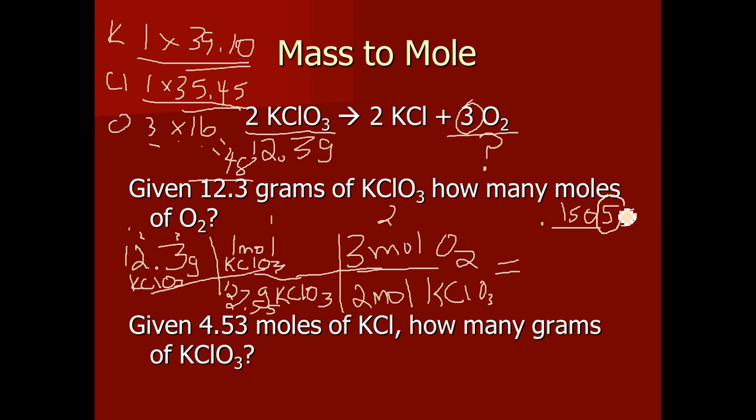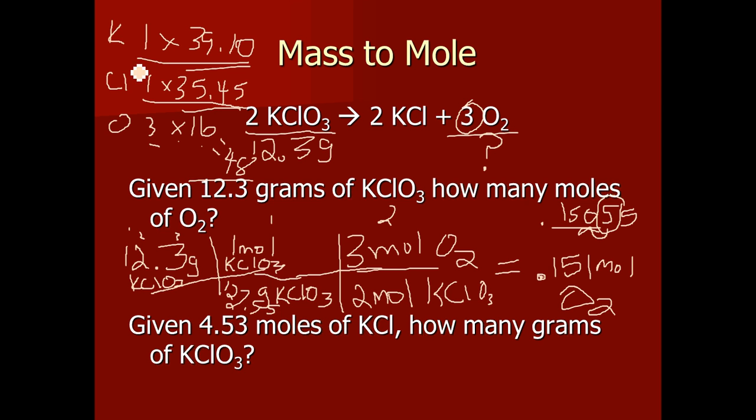This 5 is going to round the 0 up. So my answer should be 0.151 moles of O2. Okay? That's the first 2-step problem. I know it's pretty long, but trust me, it'll get way, way easier.